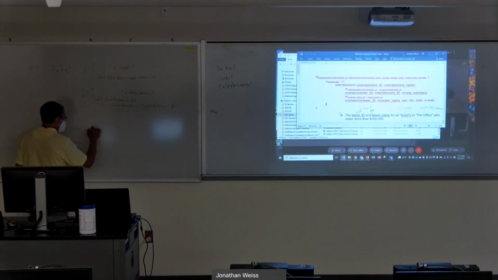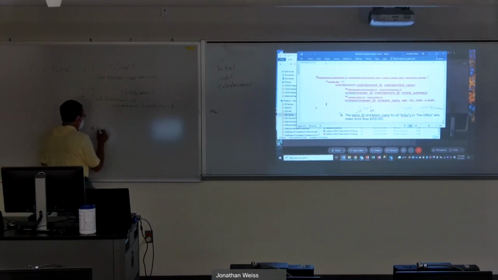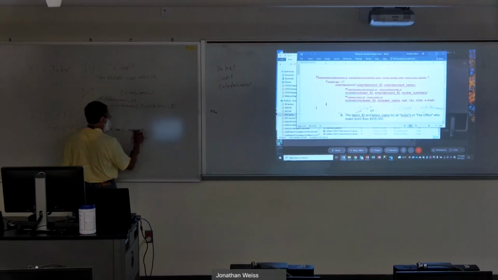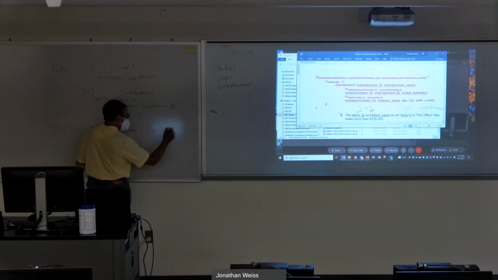Okay, and then we have an and, which is this caret in our relational algebra. And what equals The Office? That's right, entertainment name. You could say entertainment.entertainment name, that would also be correct. You're being more explicit, that's fine. Or you could just say entertainment name, without the entertainment dot.